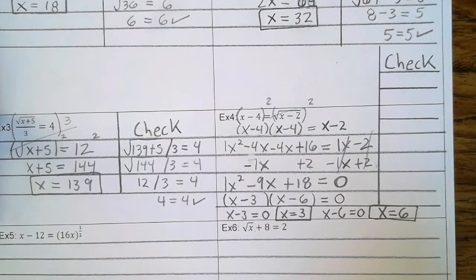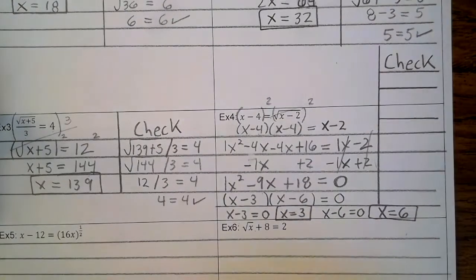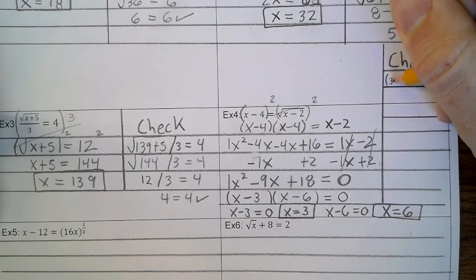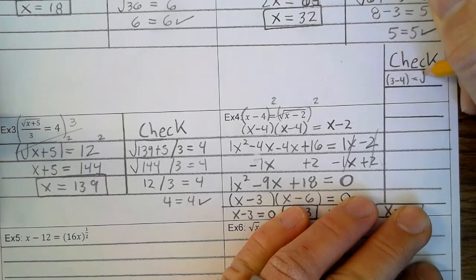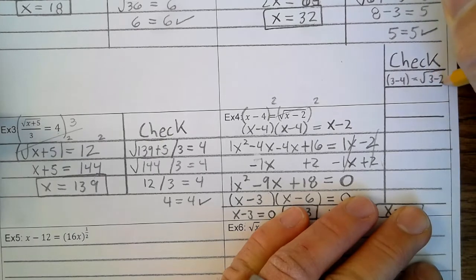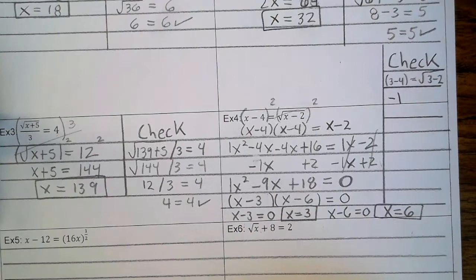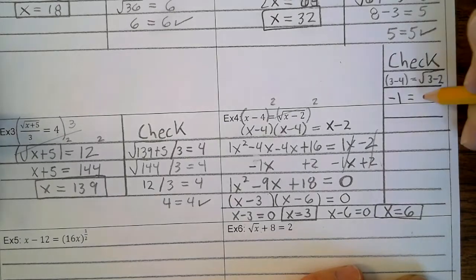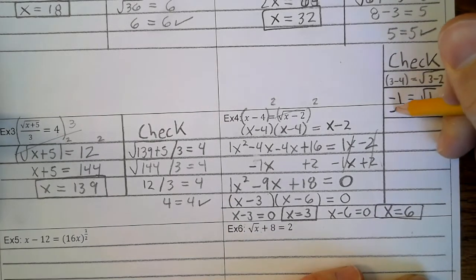So we substitute 3 in, so that's 3 minus 4 equals the square root of 3 minus 2. 3 minus 4 is negative 1 equals 3 minus 2 is 1, so that's the square root of 1, which -1 does not equal 1.